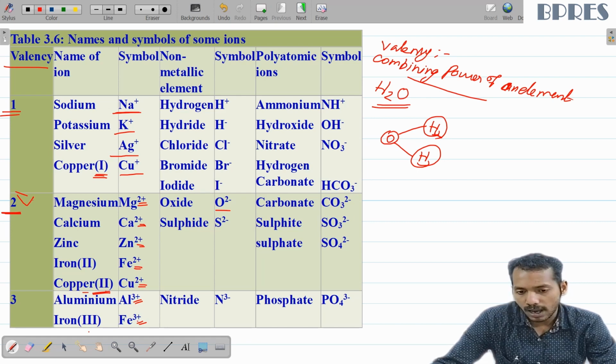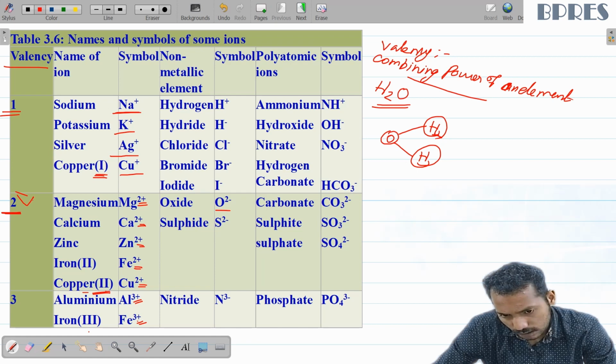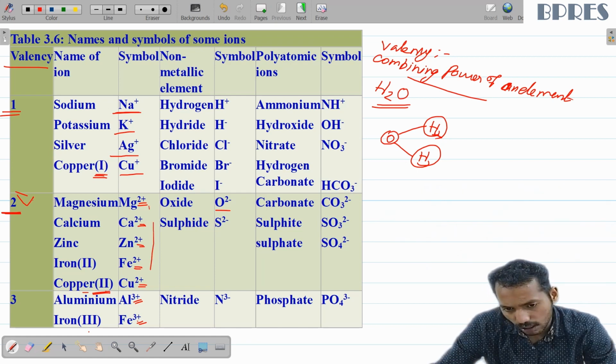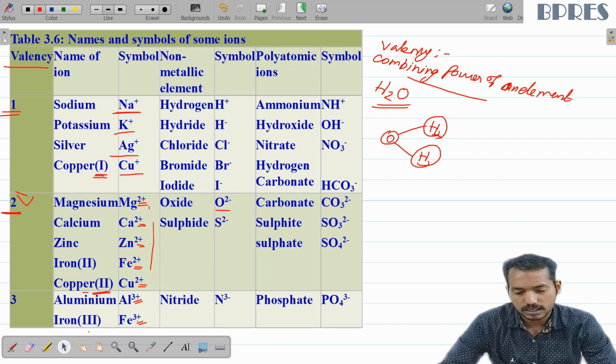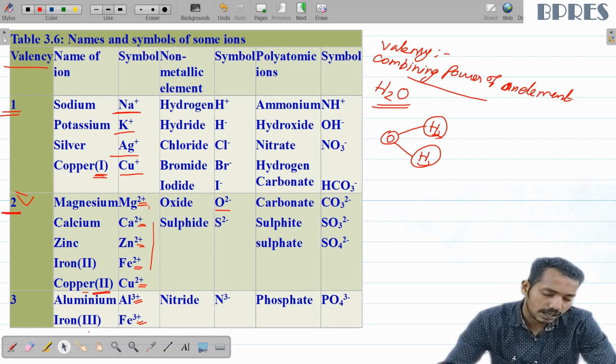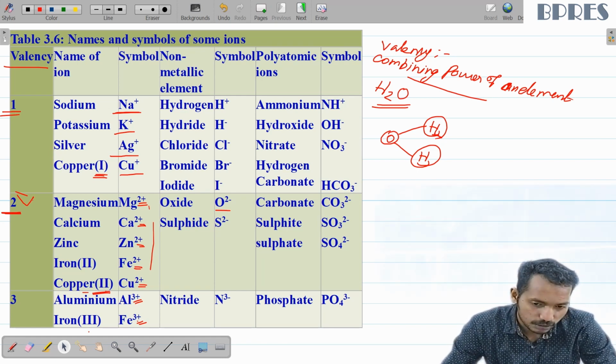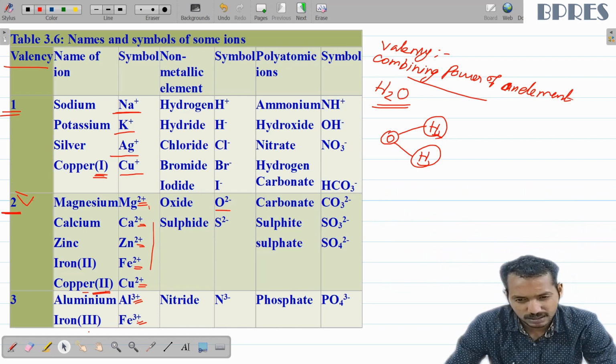Clear? And in these elements we have discussed, these all have positive charge. Whether it is sodium, potassium, silver or whatever it is, these all elements have positive charges. You know why? What is the reason? Is there any similarity?